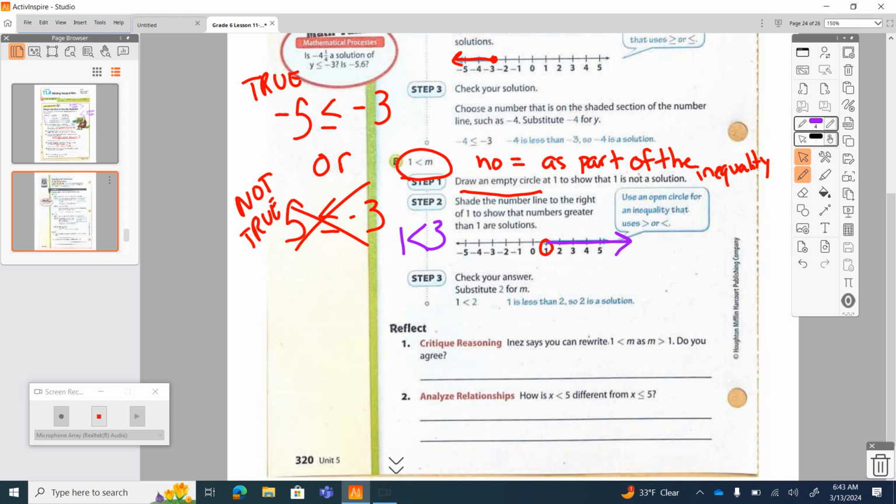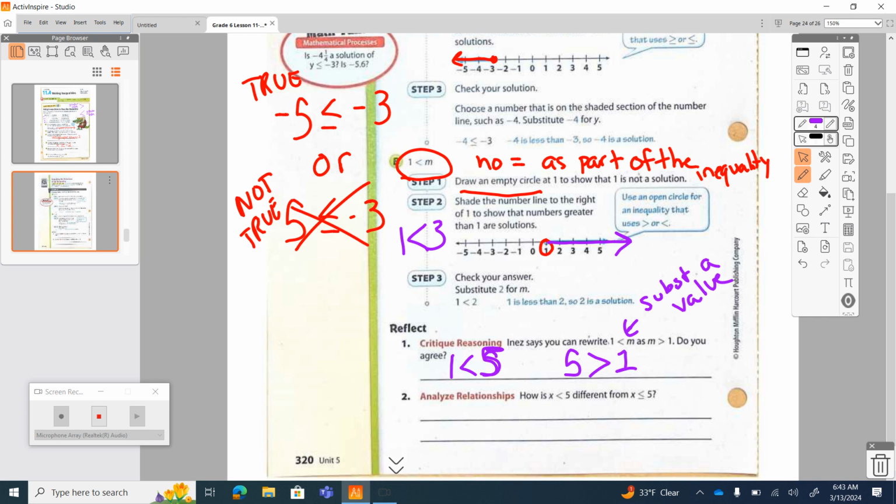So let's look. Inez says you can rewrite this. Well, let's think. 1 is less than 5. So what we're going to do is substitute a value that makes it true, and that's a 5. So let's look at it this way. If we use 5, that's true.